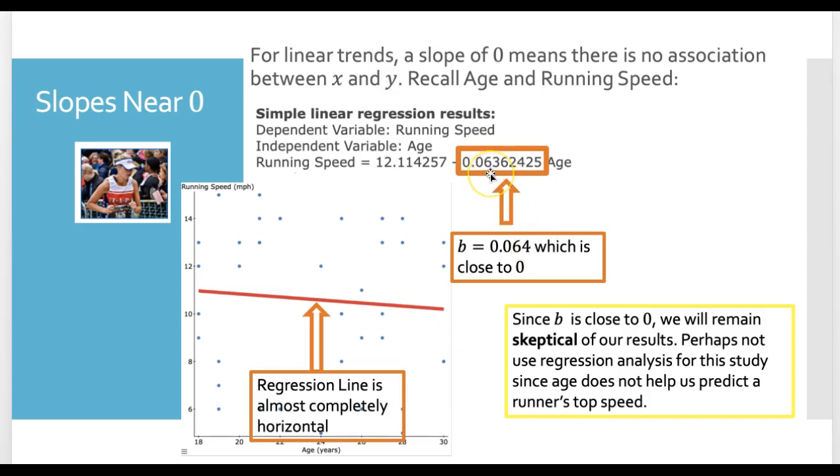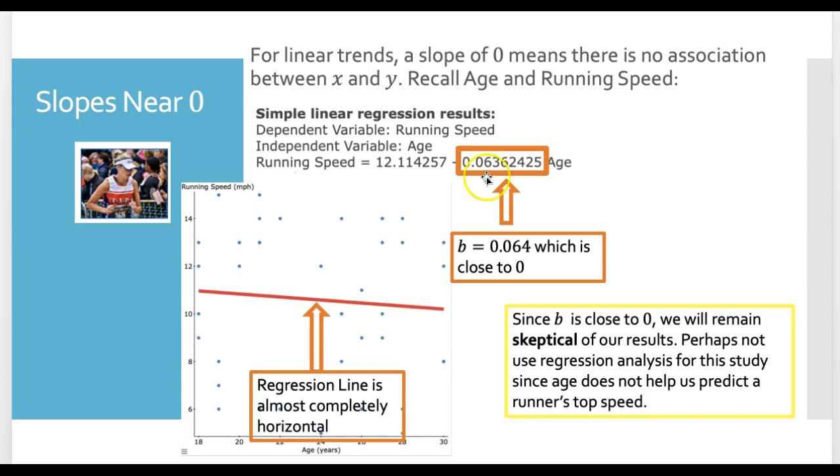This 0.06 is saying that for every 1 year increase, the running speed will decrease by 0.06 miles per hour, and that's a very, very small change in comparison. You see this estimate for the slope here. The slope of this red line is negative 0.06, so it's very close to 0.